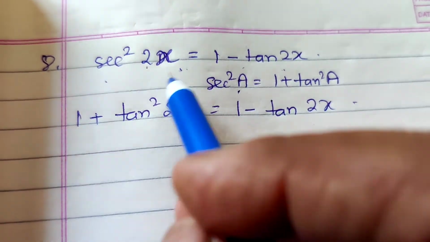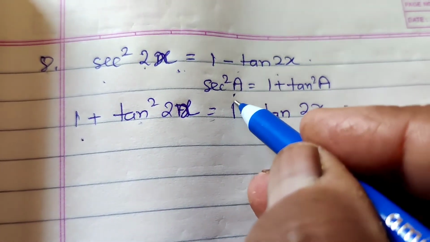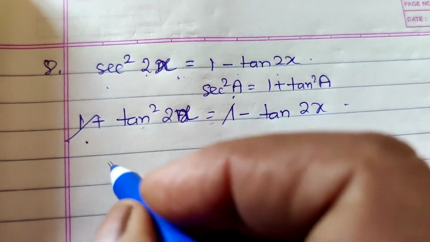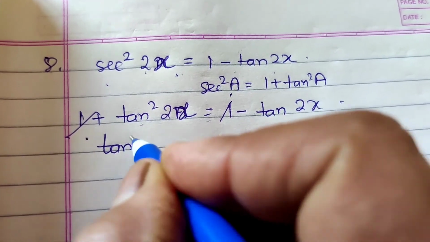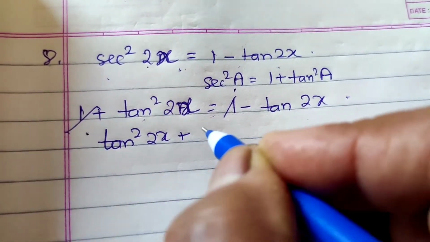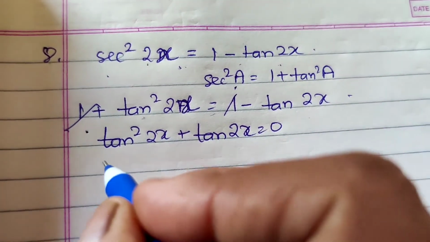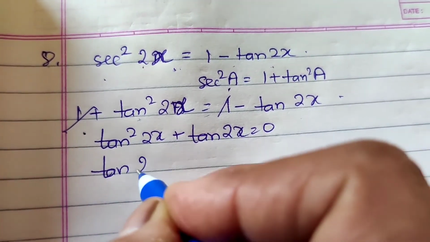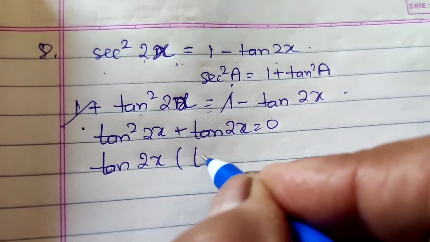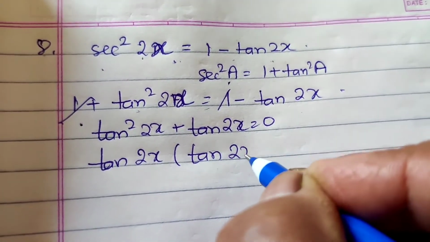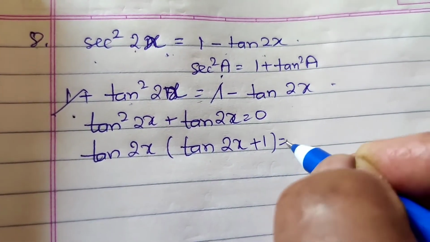Just put it, 1 cancels from both sides. Tan square 2x plus tan 2x equal to 0. Tan 2x is common. It is tan 2x times (tan 2x plus 1) equal to 0.